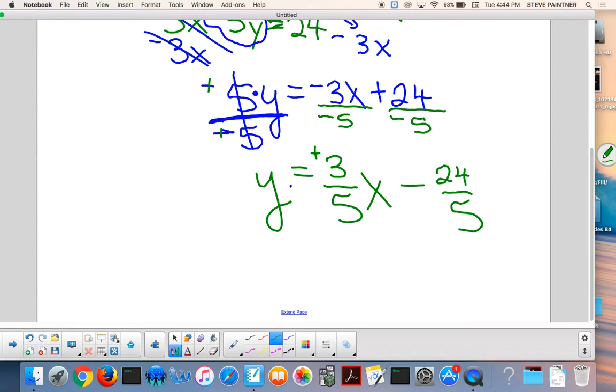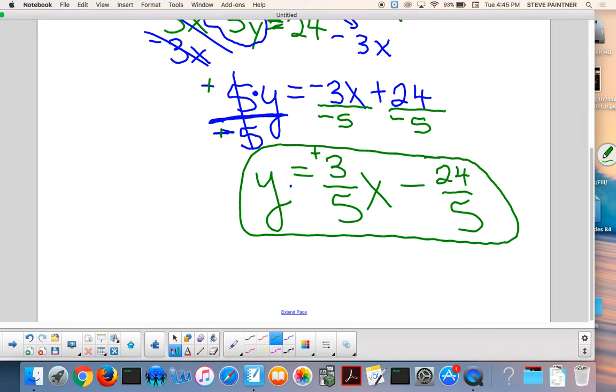Okay? And that's why I did not make you graph this, because 24/5 is not fun to graph. It's not a very good number, so it's hard to find it on the graph paper. Okay? But this is your answer. You just want y all by itself. This is in slope-intercept form. If I did ask you what's the slope, I hope you would tell me 3/5.